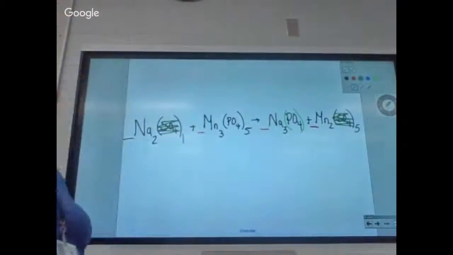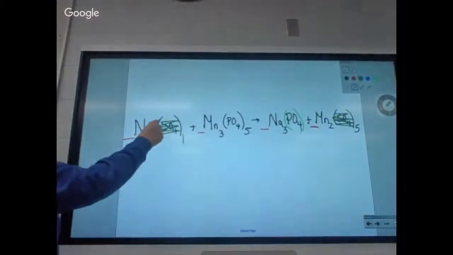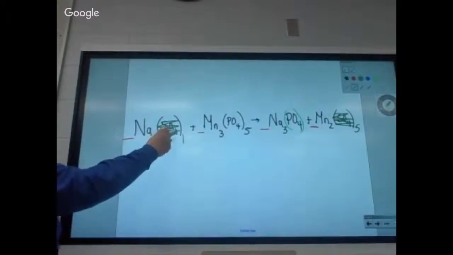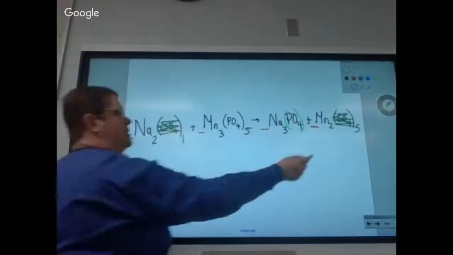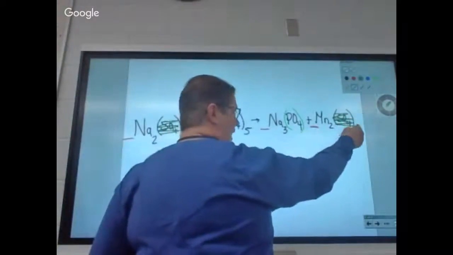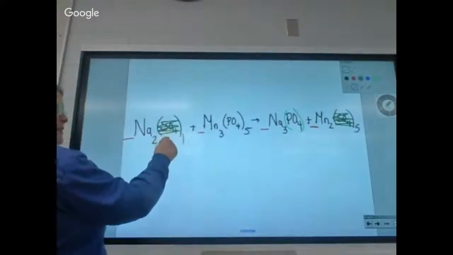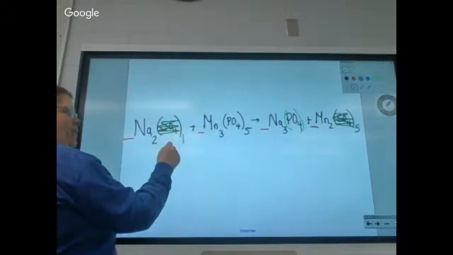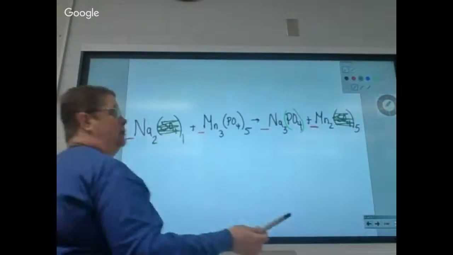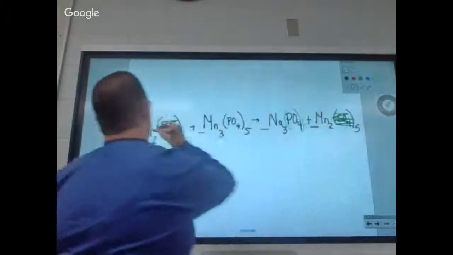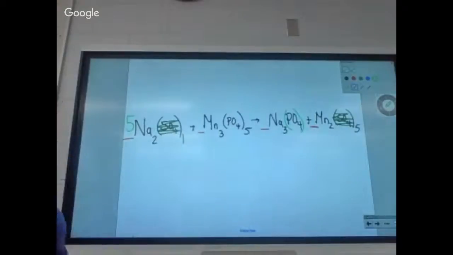So I'm trying to emphasize it doesn't matter what's inside the parentheses. There's how many of these parentheses? 1. There's how many here? 5. So if there's 5 on this side and there's only 1 on this side, I just need 5 of them on this side. So how do I get 5 on this side?